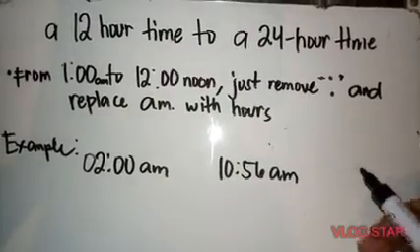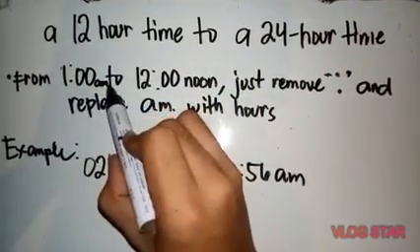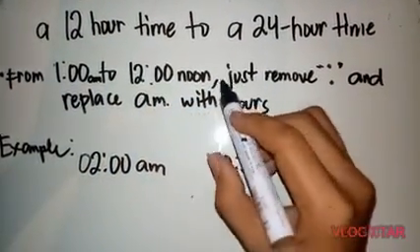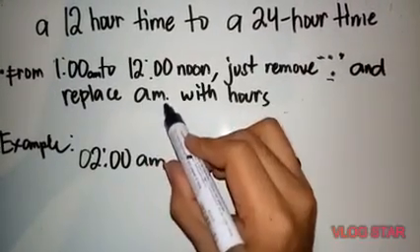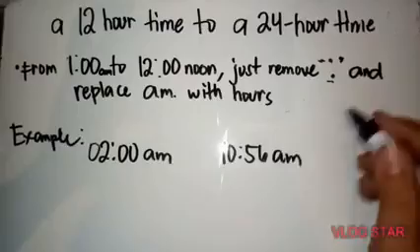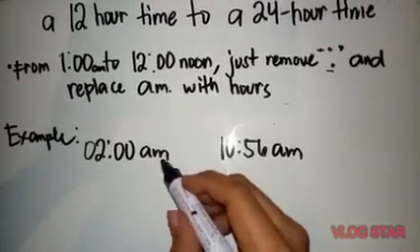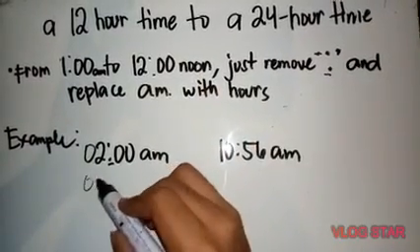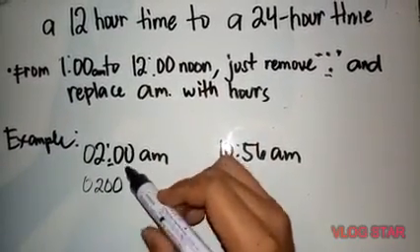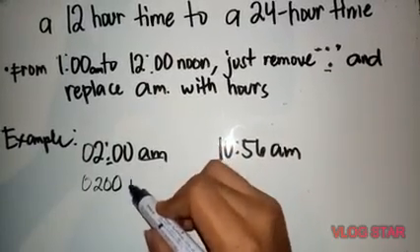For the next bracket of hours, from 1 a.m. to 12 noon, just remove this sign and replace a.m. with hours. For example, we have 2 a.m. Then just remove this one, 0, 2, 0, 0. Then replace a.m. with hours.